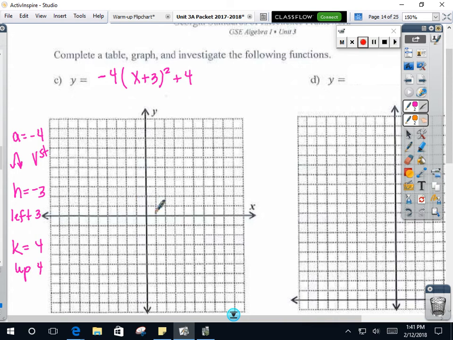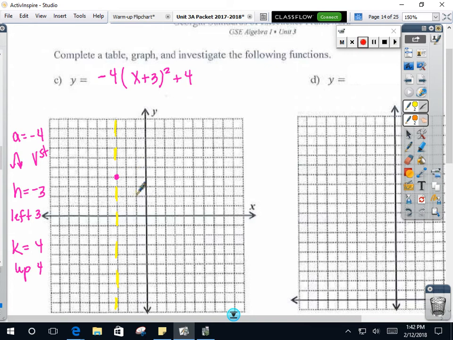So I'm going to leave the origin, go left 3 units, and then go up 4 units. Then I'm going to draw my line of symmetry through that vertex. Okay, the parabola's going to open down, so just watch, because if you don't watch this, you'll be confused.